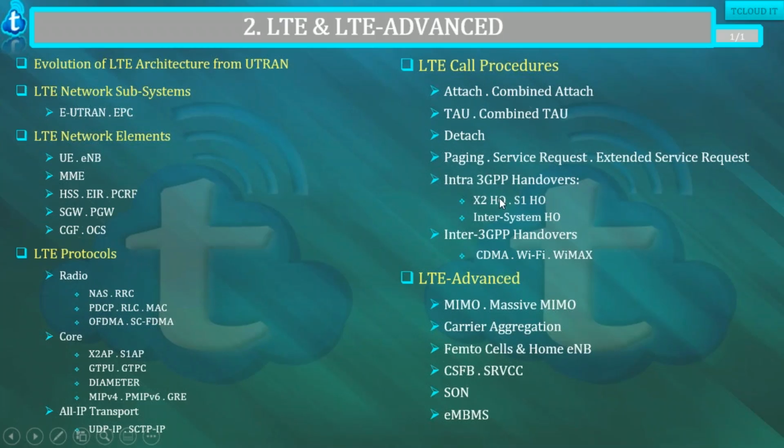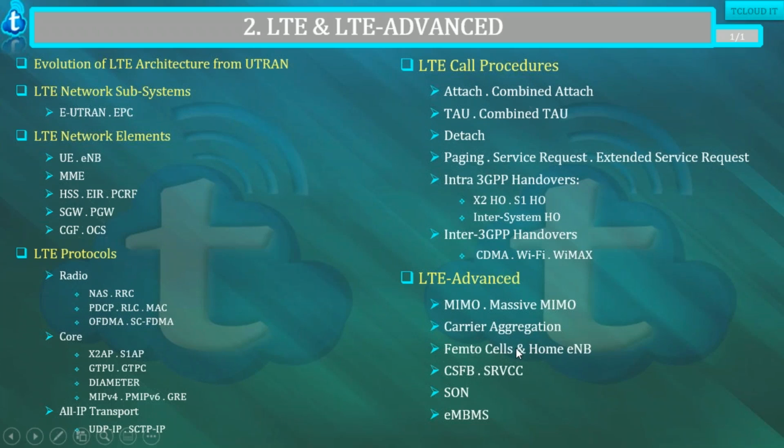And we learn all the call procedures, log analysis, everything on all important LTE procedures end to end, including LTE advanced topics like MIMO. We'll introduce massive MIMO, but we'll not study deeper into massive MIMO. We study massive MIMO deeper in the 5G course.